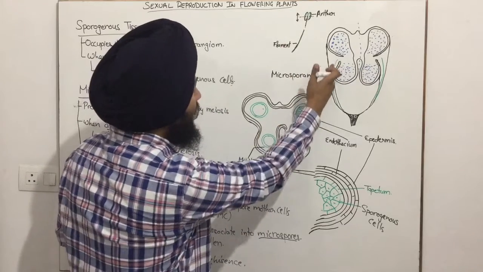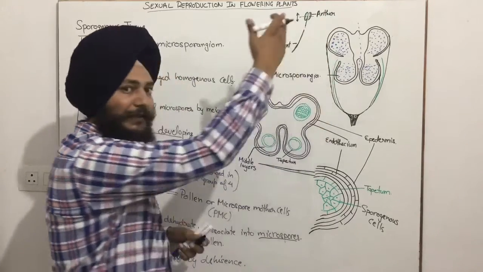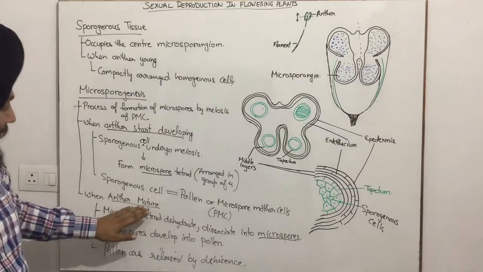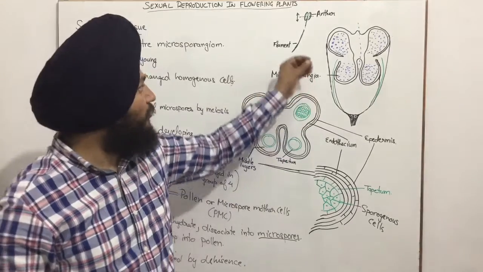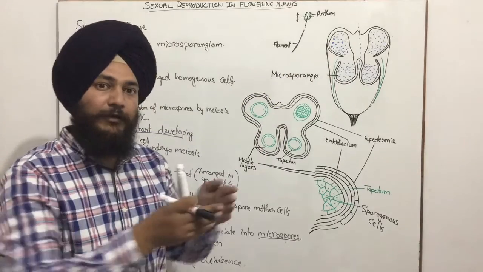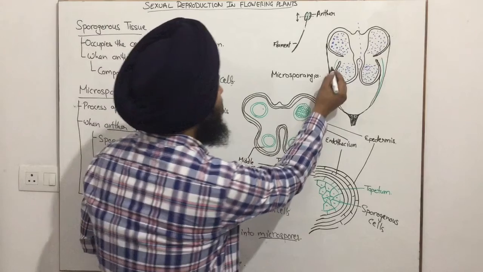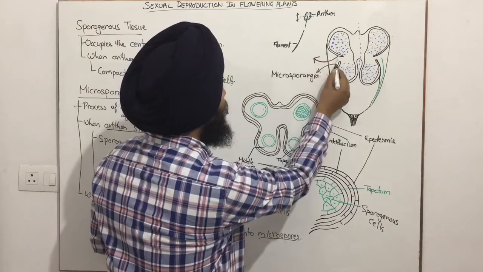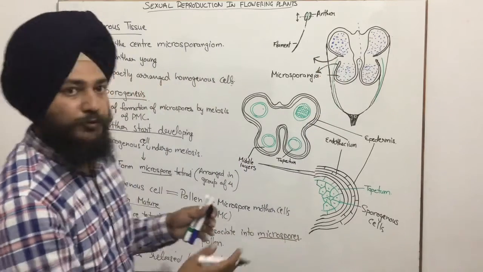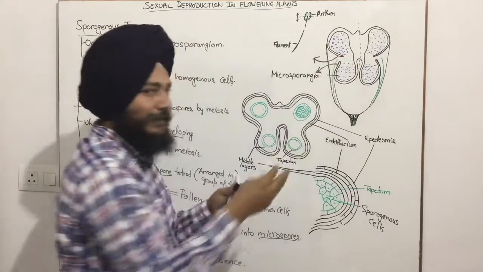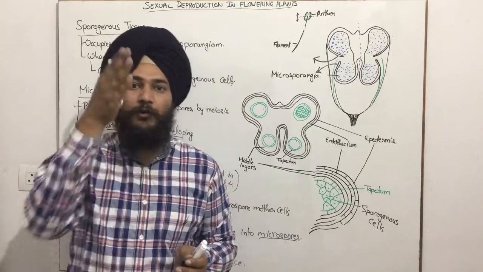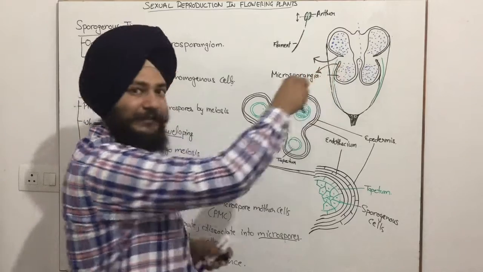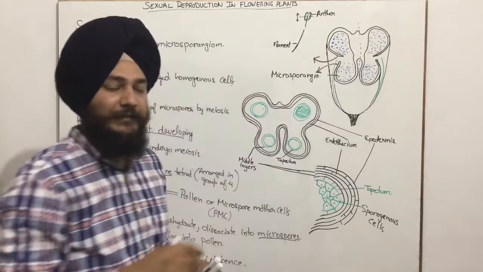Whenever the anther matures, with the dehydration the longitudinal groove will grow apart, and the walls will open up to release the pollen grains. So the walls of the microsporangia will open apart from the longitudinal groove, and that is called the dehiscence. And by the dehiscence, the pollen grains inside the theca, inside the compartments of the anther, are released out.